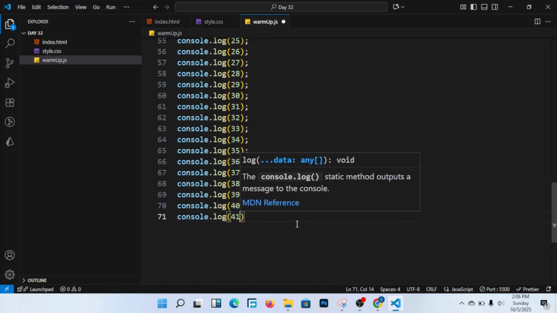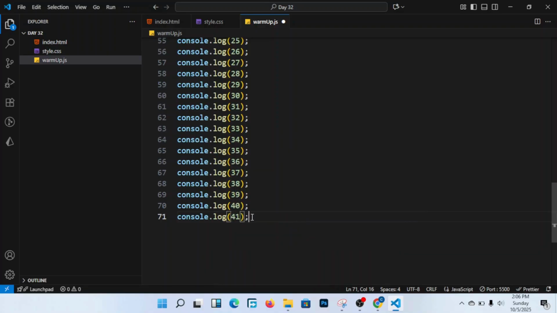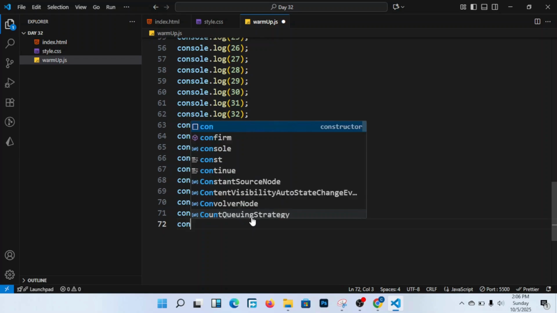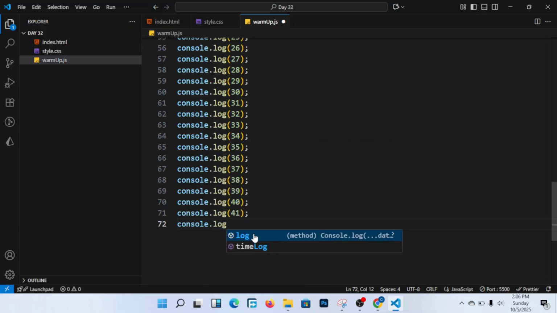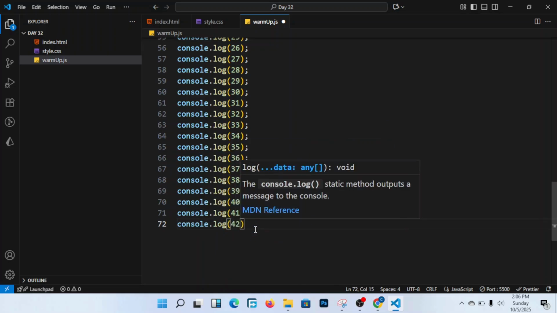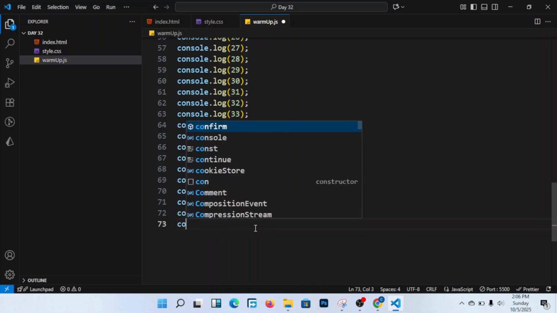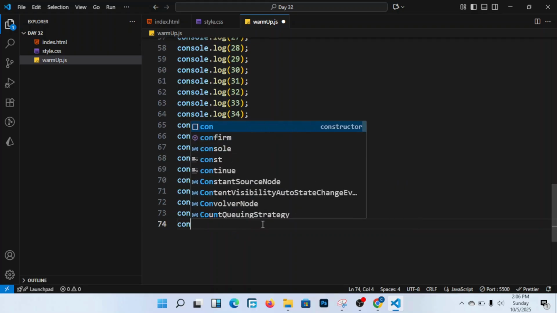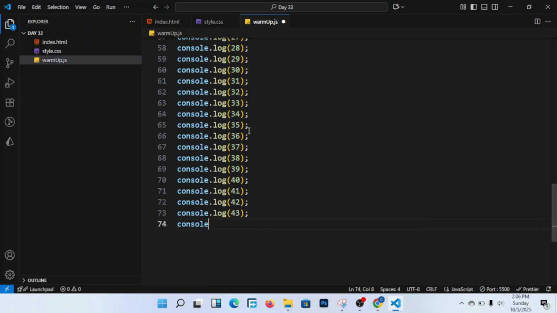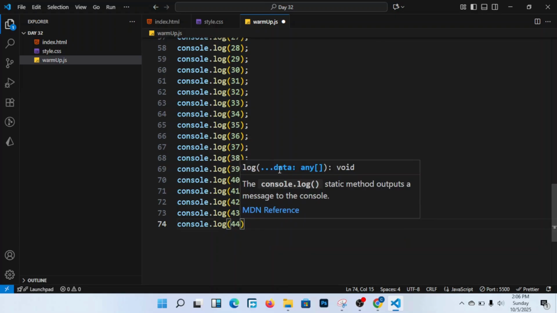Console.log 41. Console.log 42. Console.log 43. Console.log 44.